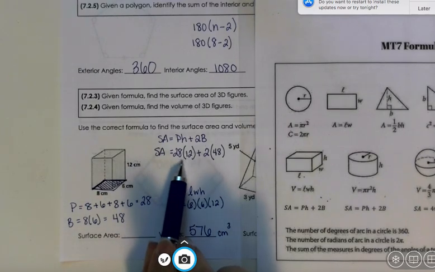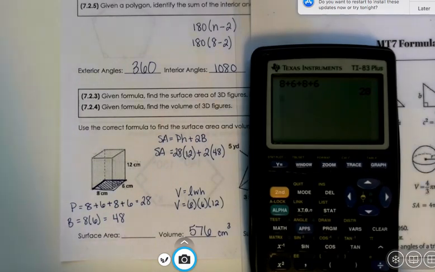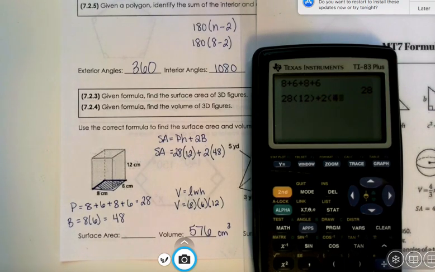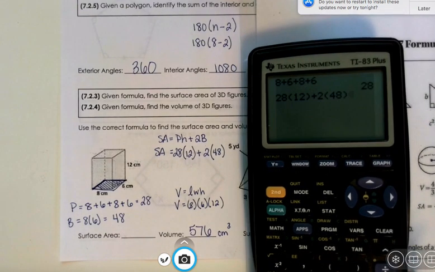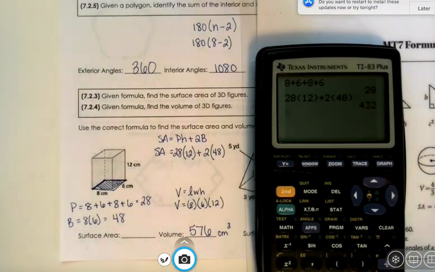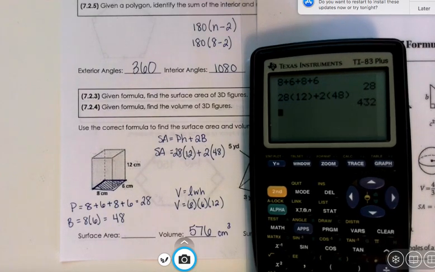Now I can type this whole thing right into my calculator. It's a little dark there, so I have 28 times 12 plus 2 times 48. So I typed it exactly how it looks. And my surface area ends up being 432 centimeters squared.